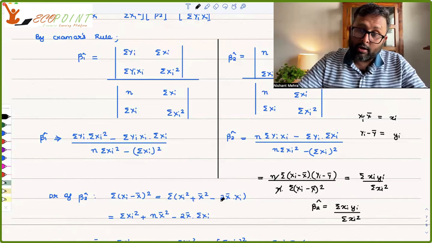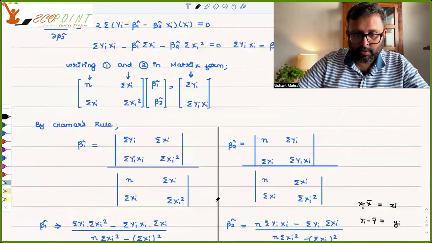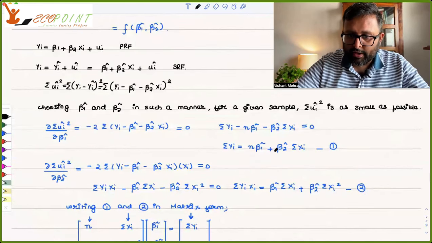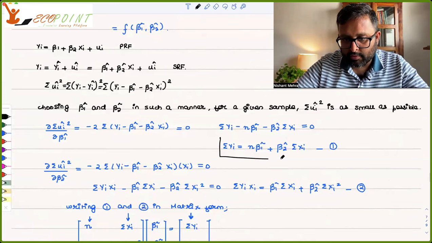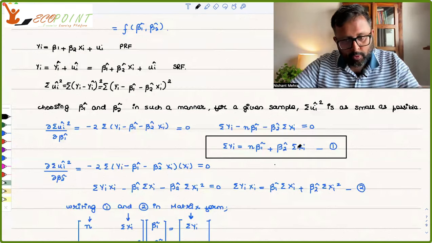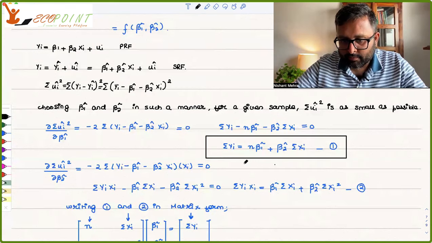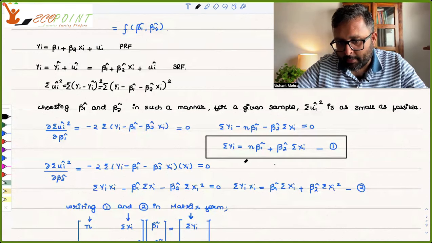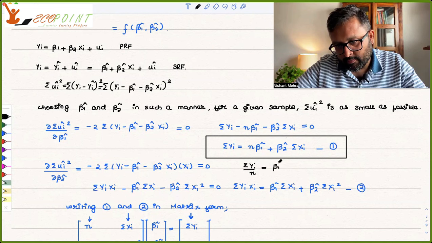Right? Now about beta 1 hat. If you remember, you have written this expression. Can I just divide both the sides of this by n? So what will I get? Summation of yi upon n equals beta 1 hat plus beta 2 hat into summation of xi upon n.